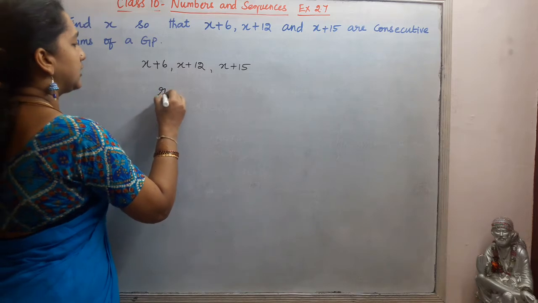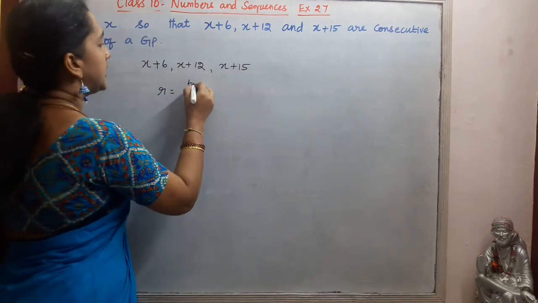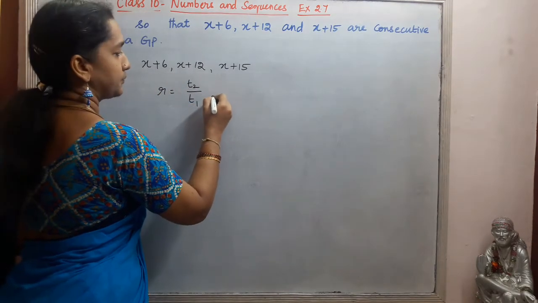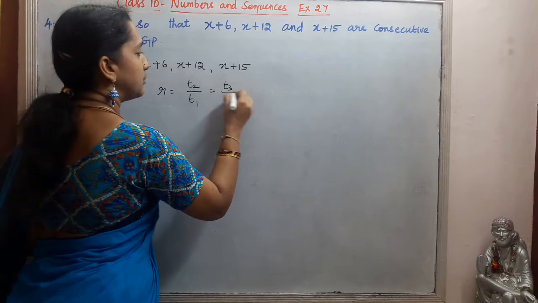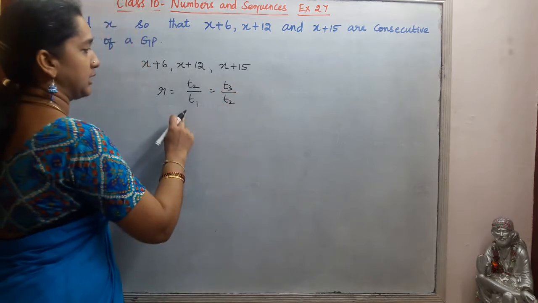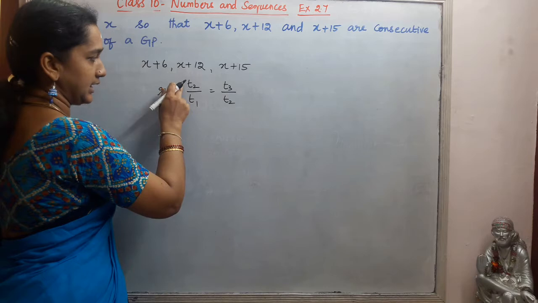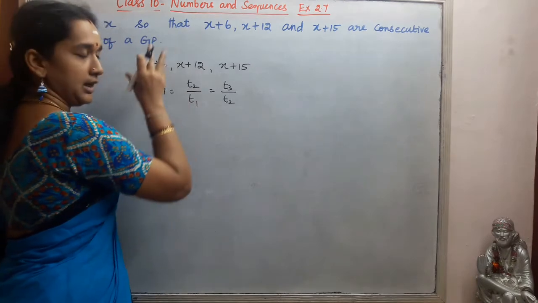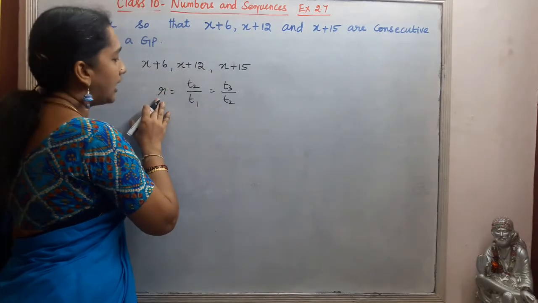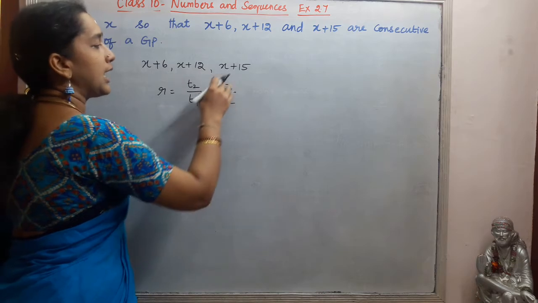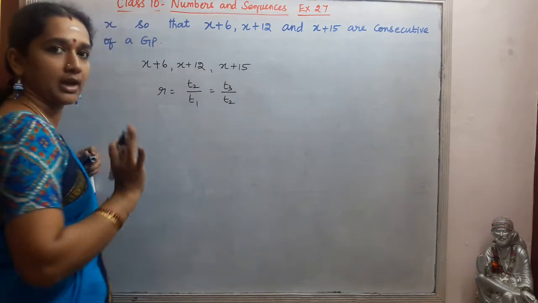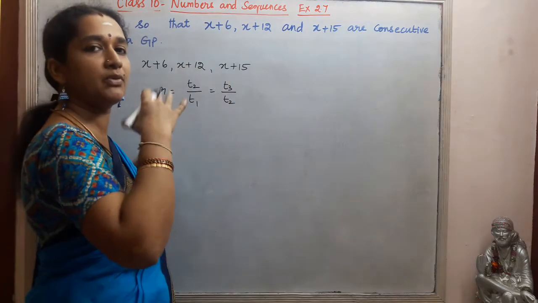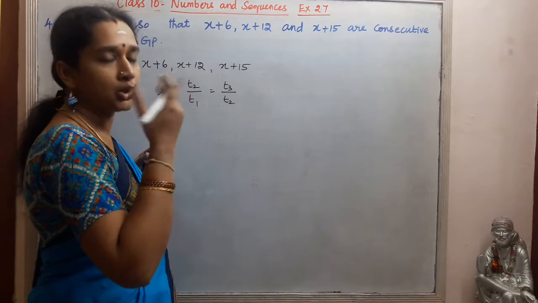So we know that the ratio T2 by T1 is equal to T3 by T2. Since it is given in GP, R is T2 by T1 and T3 by T2. The ratio will be equal when we compare the two terms.